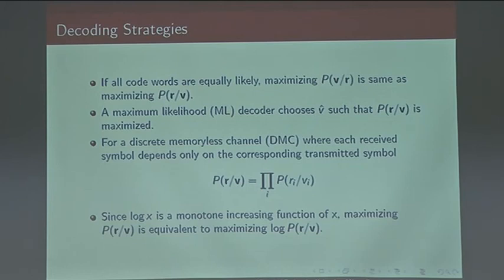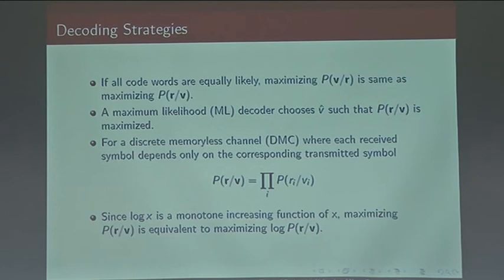Now again, remember, we're not interested in the actual maximum value. What I said would not be true if we were interested in the actual maximum value of this probability. The log changes it. But we're only interested in the V which maximizes this. And since this is monotone increasing, if a particular V maximizes this, it's also going to maximize this.